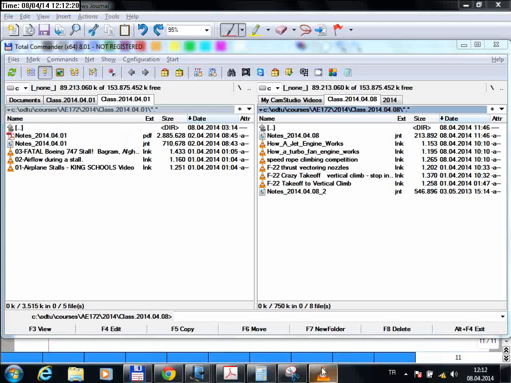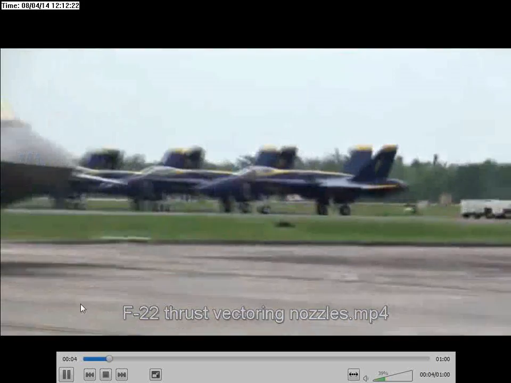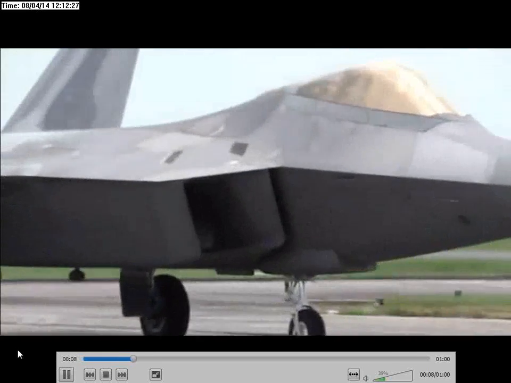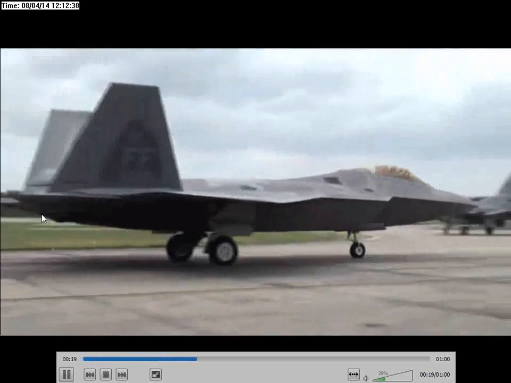And in this video you see how the thrust is controlled. So the pilot is demonstrating that thrust vectoring capability. So look at the engine nozzles here.